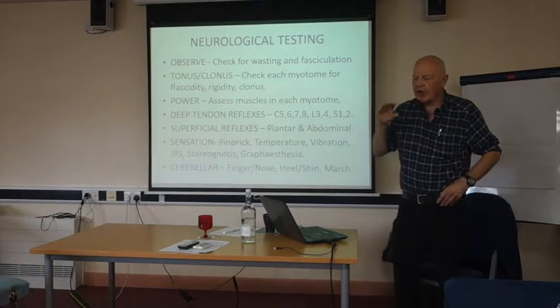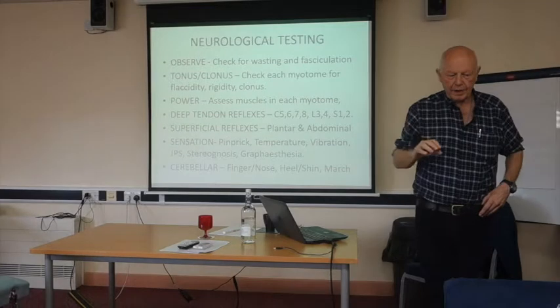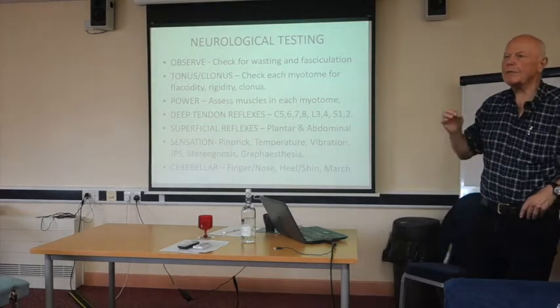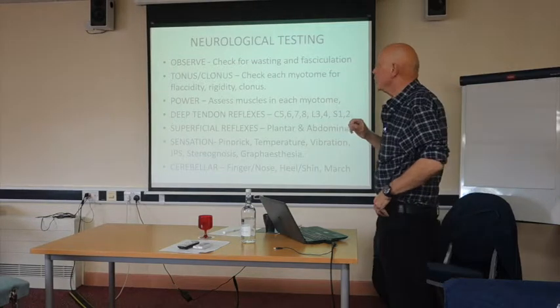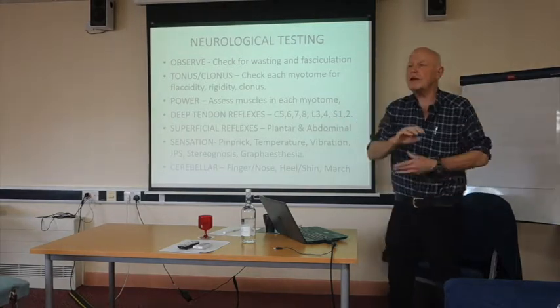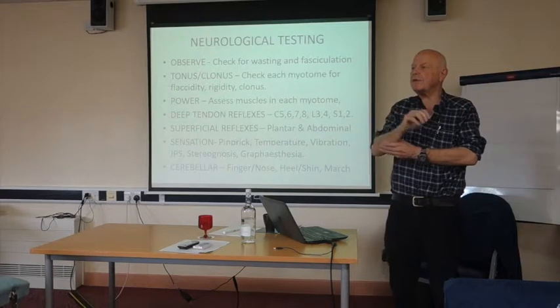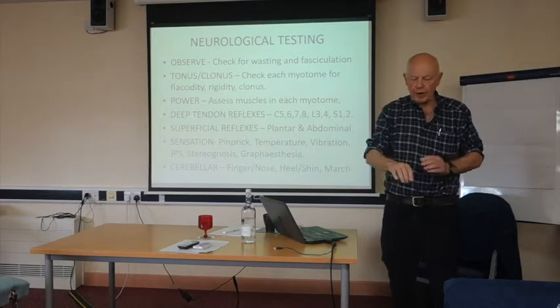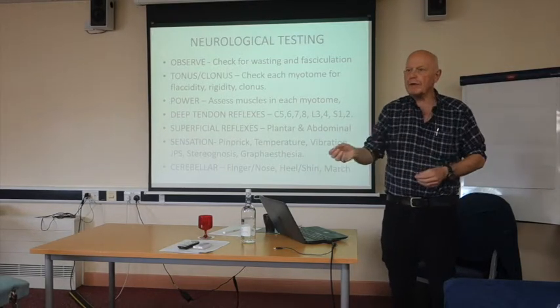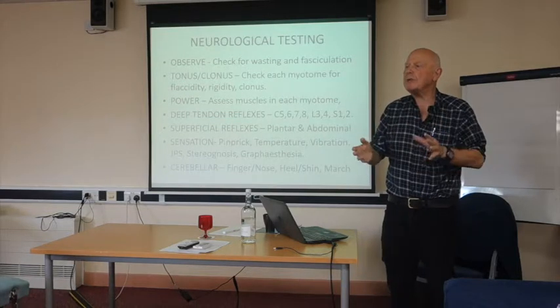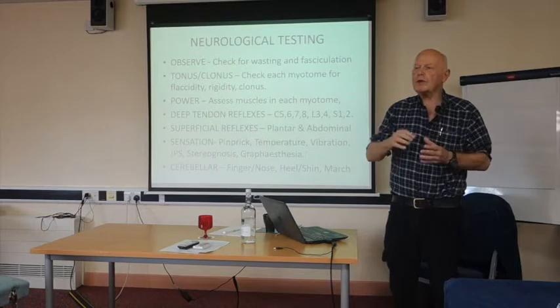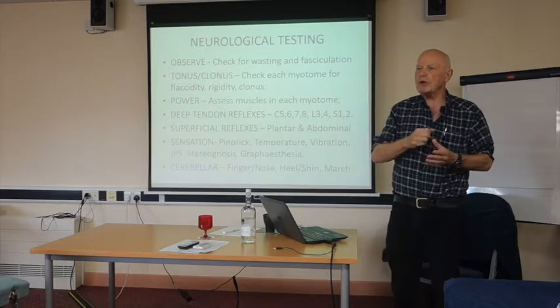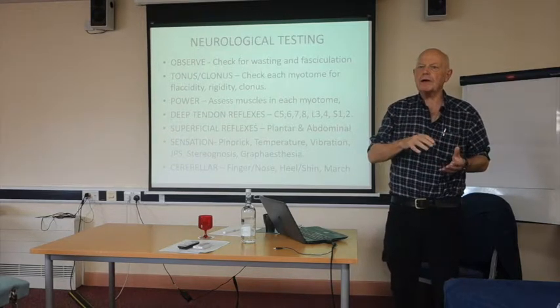Tonus and clonus. Tonus is Latin for muscle tone, and tone is defined as the resistance of a joint to passive movement. So if I pick your arm up and move it around like that with you allowing me to do so, I'm used to a normal degree of resistance of your body caused by the background muscle tone.